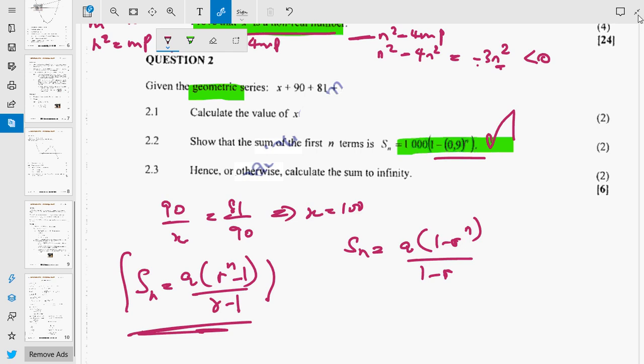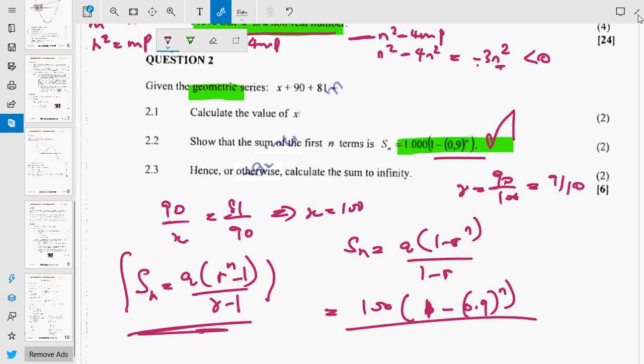Now, since I've got that x is equal to 100, my common ratio will be given by 90 over 100, which is equal to 9 over 10. So my a is 100, and my common ratio is 9 over 10, which can be written as 0.9, to the power n, divided by 1 minus 0.9.